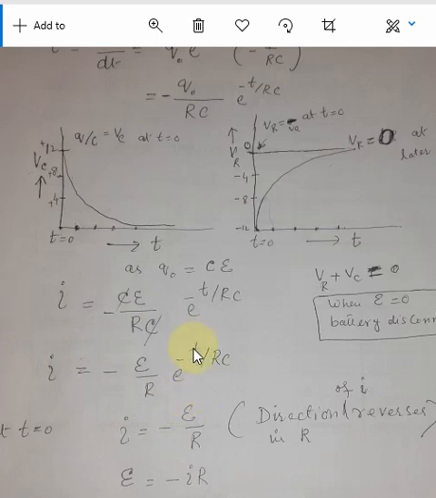So if we put t equal to 0 in the equation of current, what would we get? This is e power minus 0, which will be 1 over e power 0.